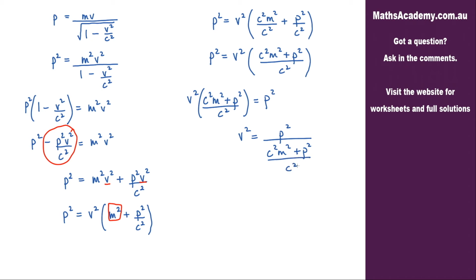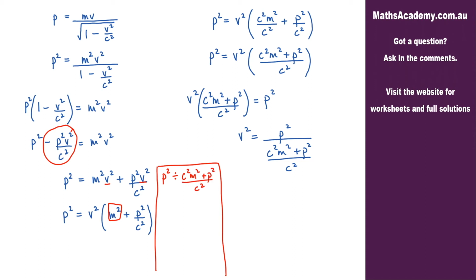Now I'm going to tidy things up a little bit here. We've got this p squared and we're dividing by this. So let me just write this down here. I'll just put a line here. I'll put a little space in here so you can see what I'm doing. We have p squared, and we are dividing by c squared m squared plus p squared over c squared.